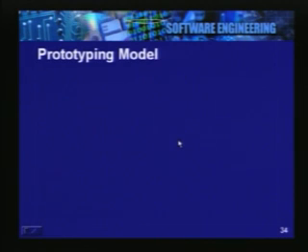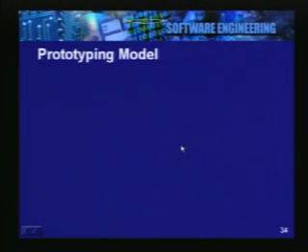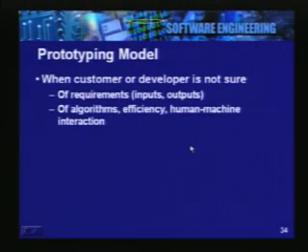So other models have been proposed in order to take care of some of the shortcomings or to handle some specific situations in project development scenarios. One of them is the prototyping model.